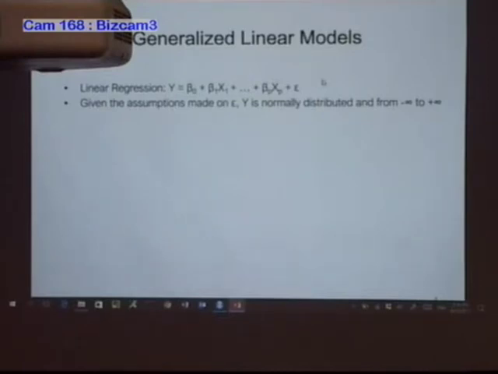The other equivalent way of saying that, which we didn't talk about, is that we're making an assumption that the y variable follows a normal distribution with the mean being all these combinations. And there's some variance, some noise on top of that. That's basically the same thing written in two different ways.